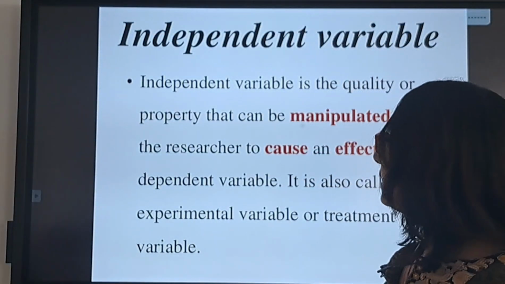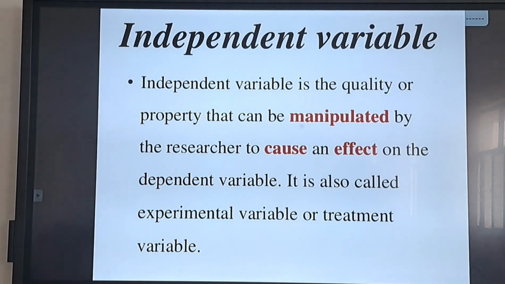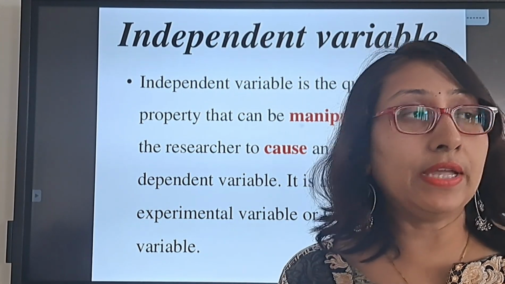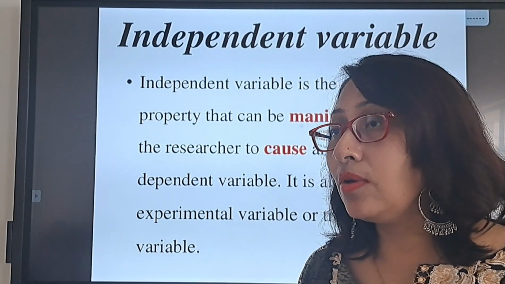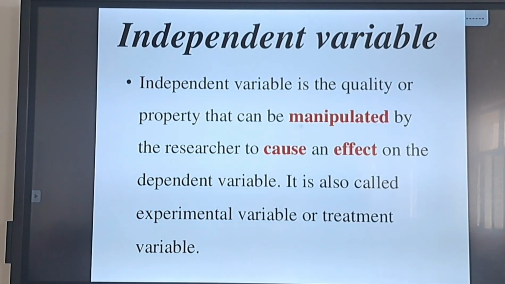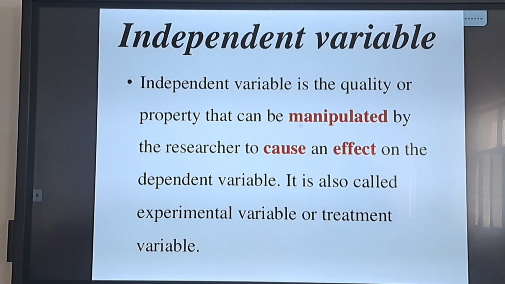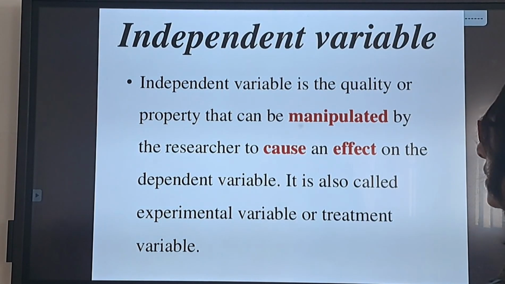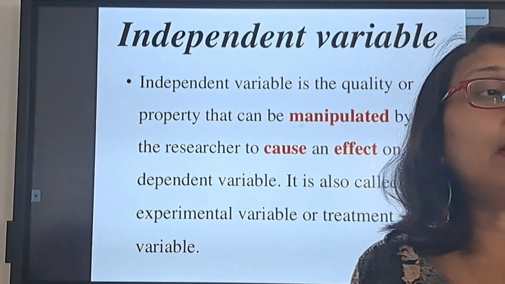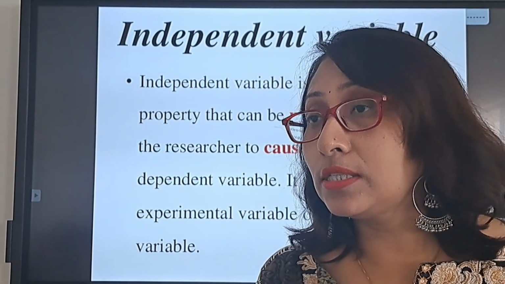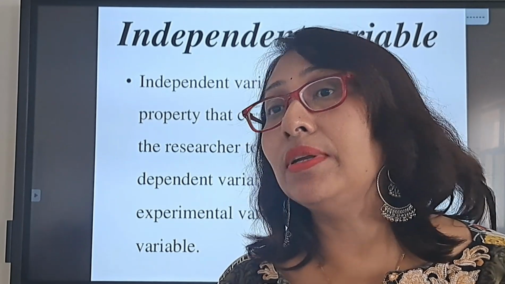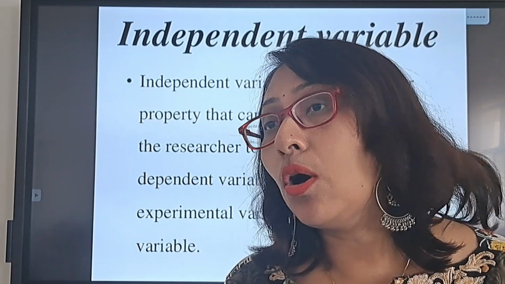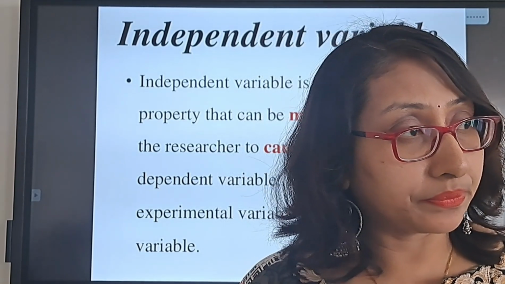It is a quality or a property that can be manipulated by the researcher, the investigator, like when to give, when not to give, when to stop giving the intervention, to see its cause, impact or effect on the dependent variable when we control the execution of the independent variable.